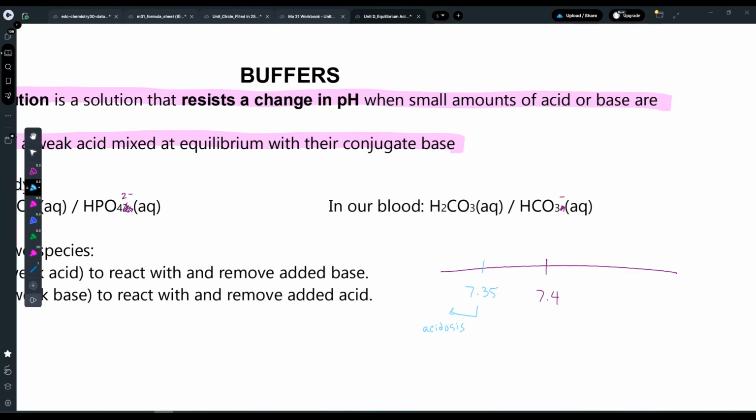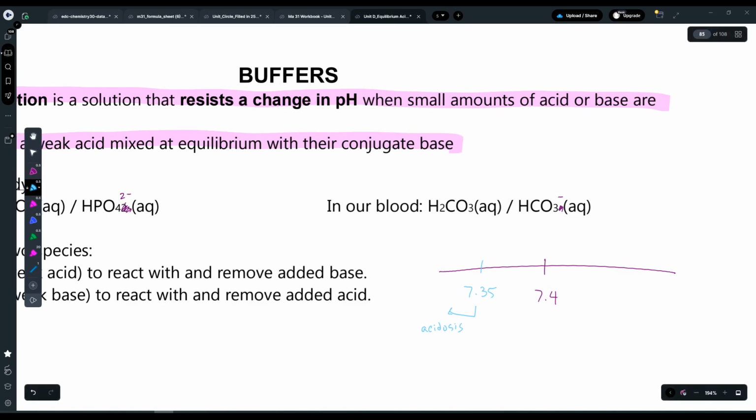And if you keep going too far to the acidic side, your organs can no longer function because it's not the optimal pH range for them. Again, if your blood gets too acidic, your organs shut down, and that's obviously going to cause death.